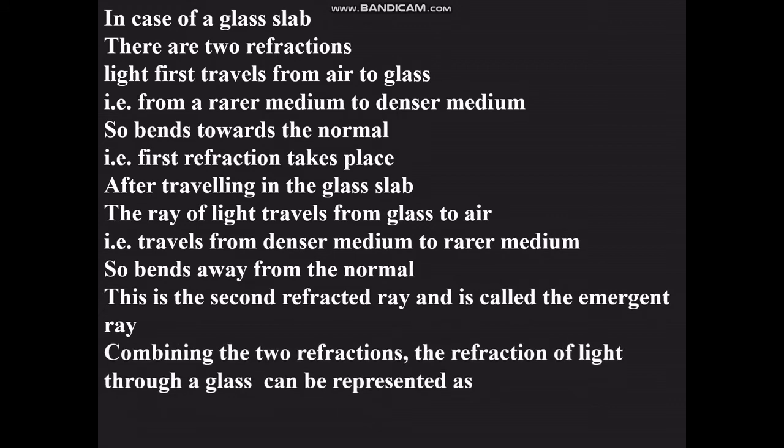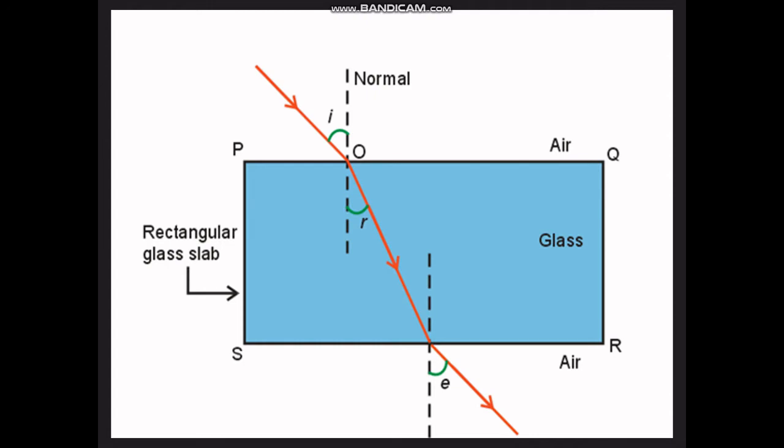Now, combining the two refractions, the refraction of light through a glass slab can be represented as this. Over here, you can see that this is the incident ray. Here we have the normal, and this angle I is the angle of incidence, that is the angle between the normal and the incident ray.